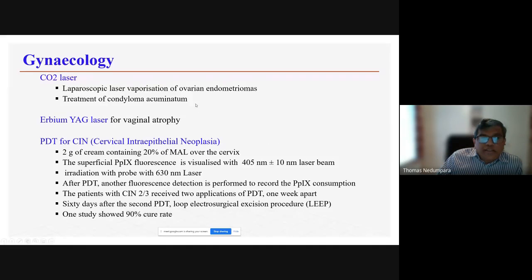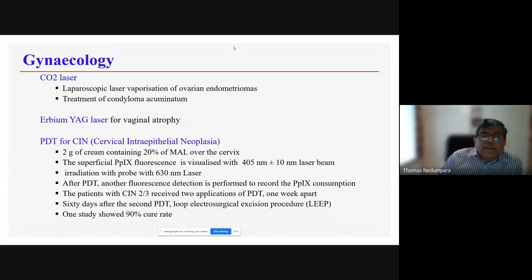In gynecology, carbon dioxide laser is mainly used in laparoscopy to remove endometriosis. Endometriosis means there is a lining of the womb outside the uterus, and during periods, bleeding can occur into these areas and cause collection of blood. We call it endometriosis, and that can cause adhesion of the tissue and can cause pain.